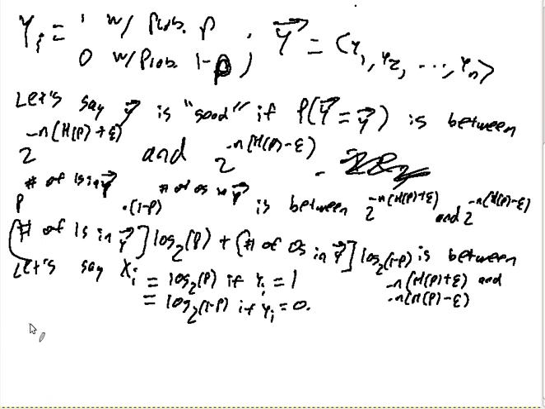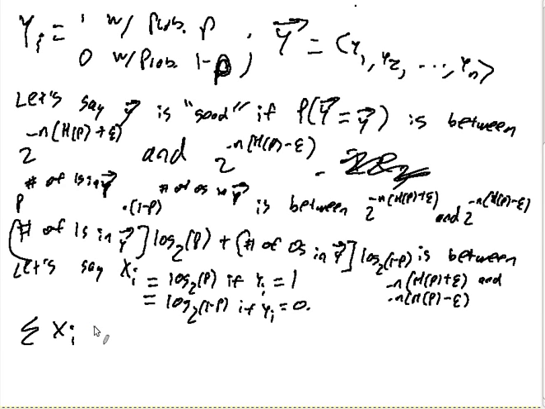Now what we're showing is that the sum of x sub i, that's what this whole left-hand side here is, is between negative n times h of p plus epsilon and negative n h of p minus epsilon, with probability approaching 1 as n gets large. That's the statement we have to show.